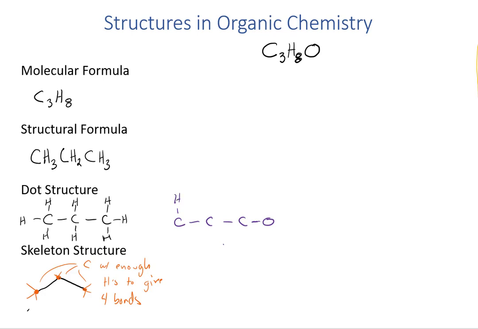Now notice that this means that the carbons should have 4 bonds, which means that the one on the end gets 3 hydrogens, and then the two that each are connected to 2 other things get 2 hydrogens, and that the oxygen, like water, should have 2 bonds and 2 lone pairs.